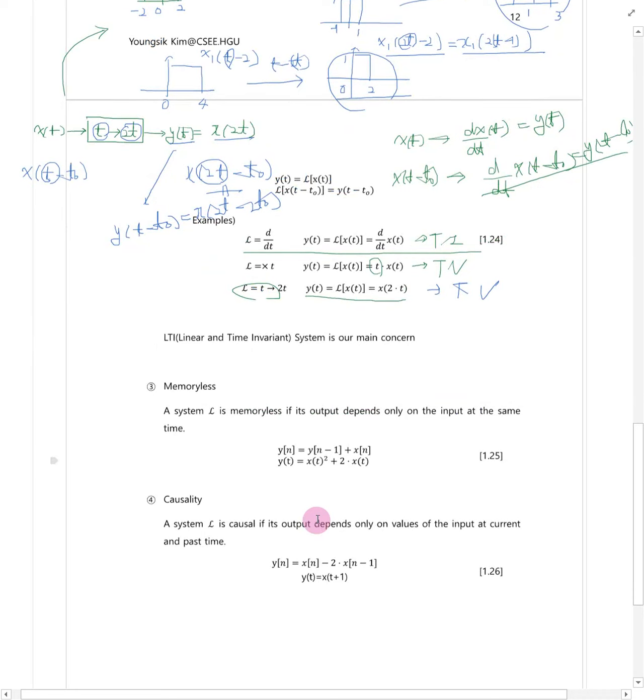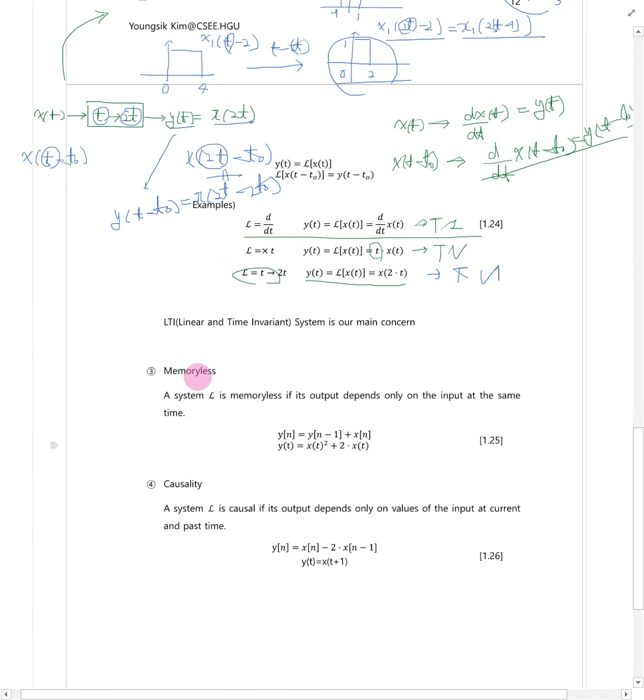The third one is memoryless. The meaning is this: a system is memoryless if its output depends only on the current value. But if not, it is a memory system. Here the first one is a discrete time system: y[n] equals y[n minus 1] plus x[n].